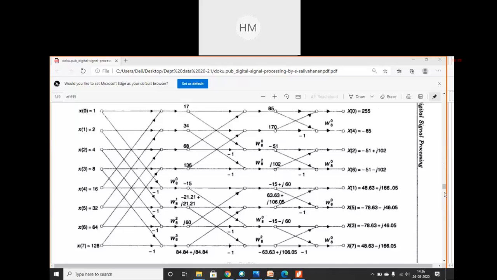Avantika, answers are right. A0. A0, A1, other parameters.